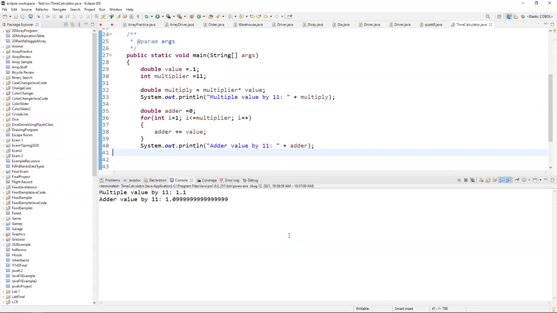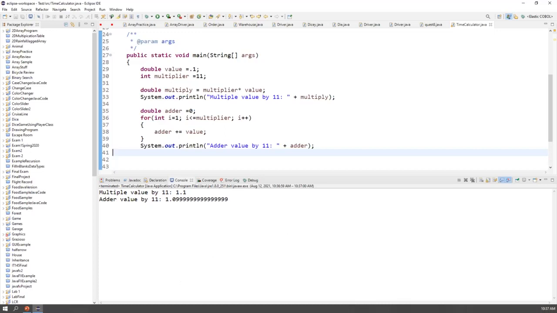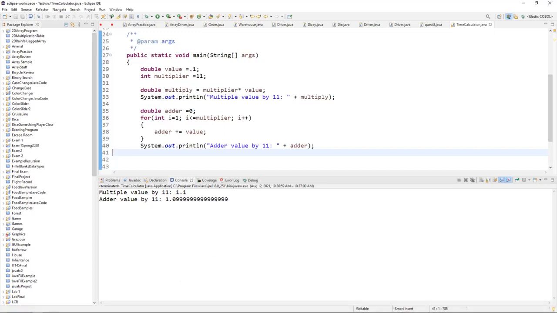The result this time is 1.09999. If we compare these two values using the equality operator, they would not compare as equal.